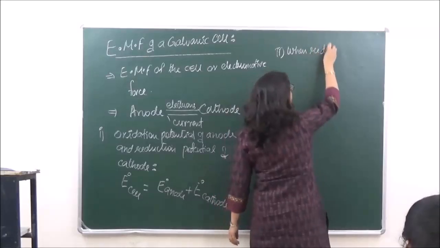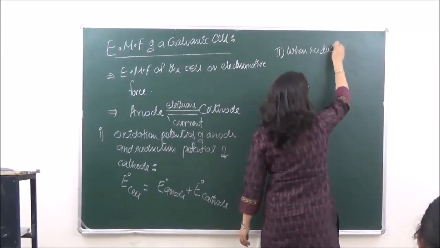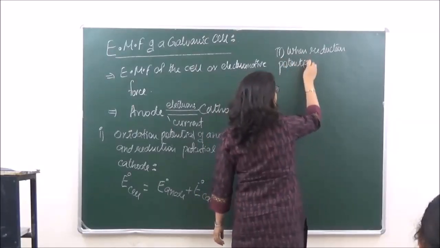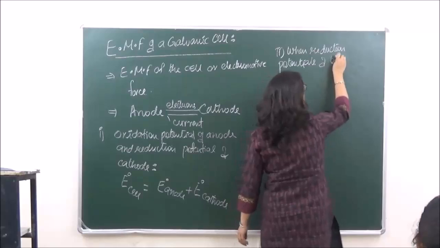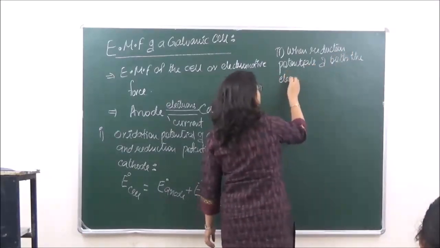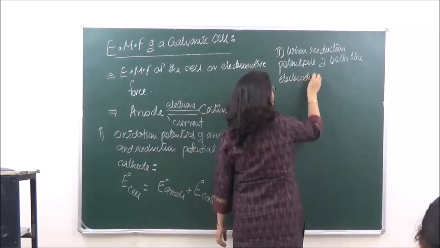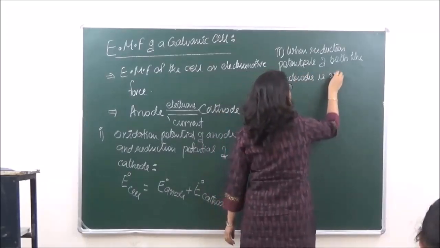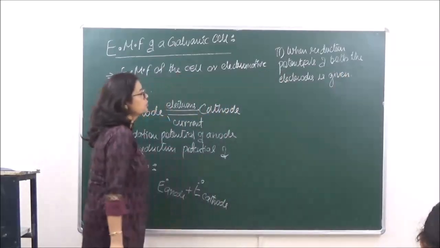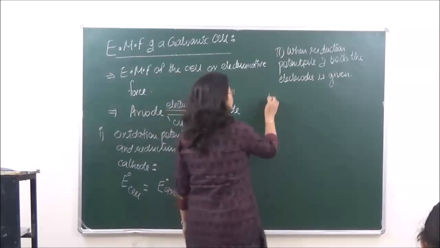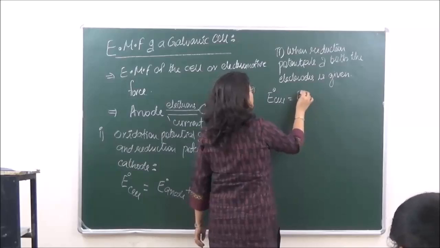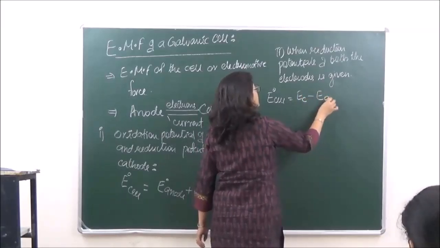When the reduction potentials of both the electrodes are given, in that case the E naught cell becomes equal to E cathode minus E anode.